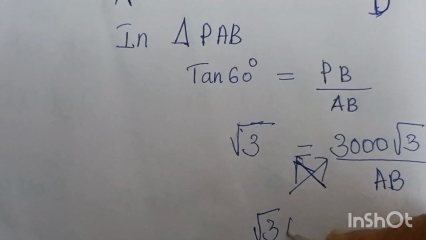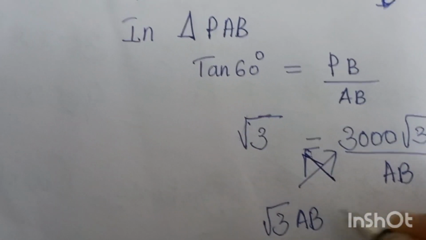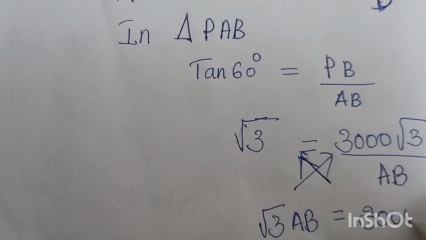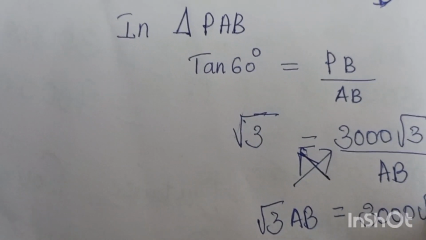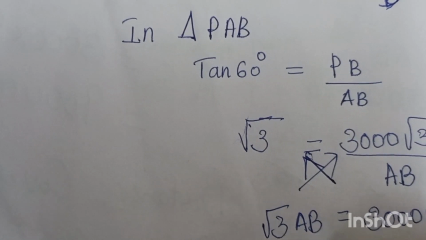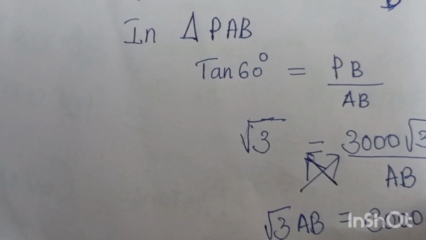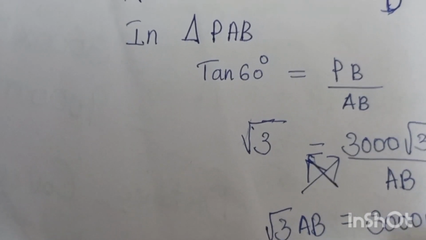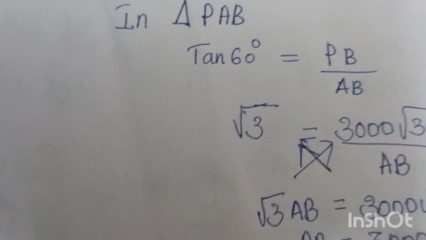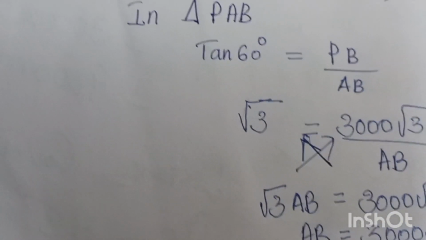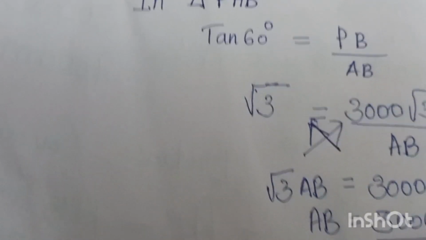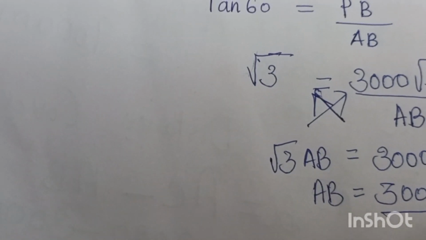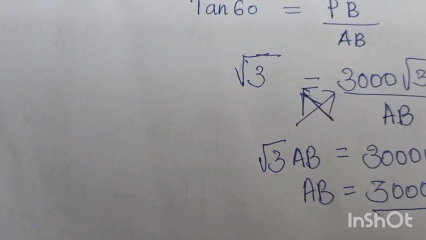Root 3 AB is equal to 3000 root 3. AB is equal to 3000 root 3 divided by root 3, and this root 3 will cut off. AB is equal to 3000 meter we get.